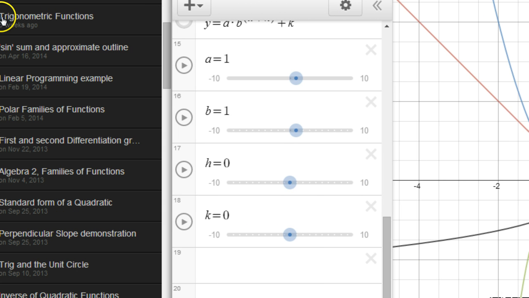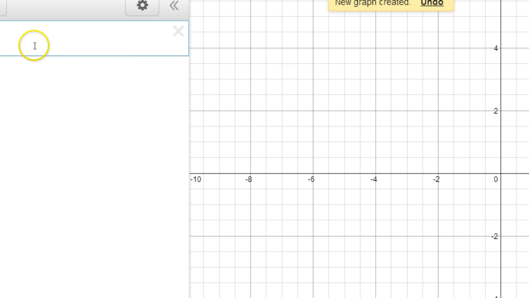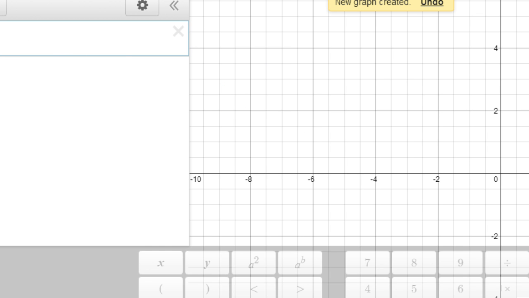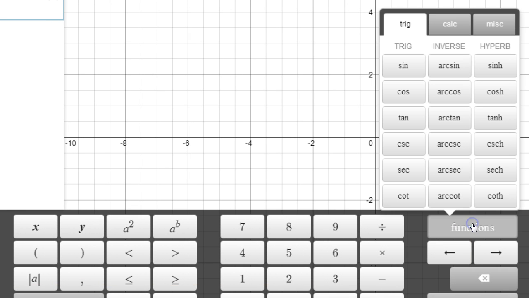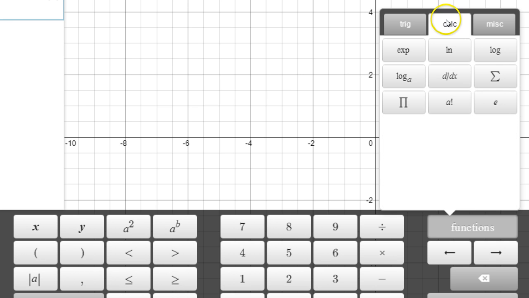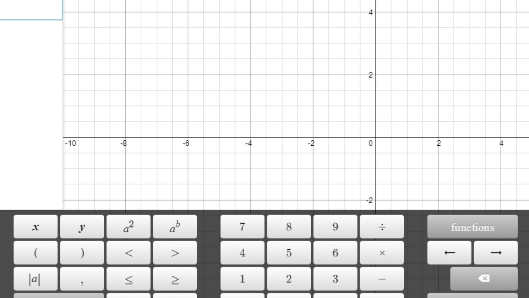So for example, let's go to a new blank graph. To do piecewise, you go into the keyboard, into miscellaneous, and depending on which one you want, ceiling or floor, you pick it. So you go ceiling x, and there's your piecewise.